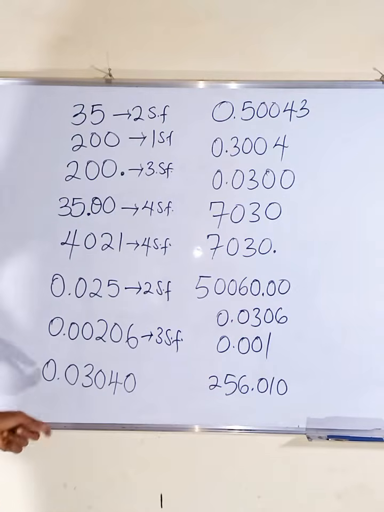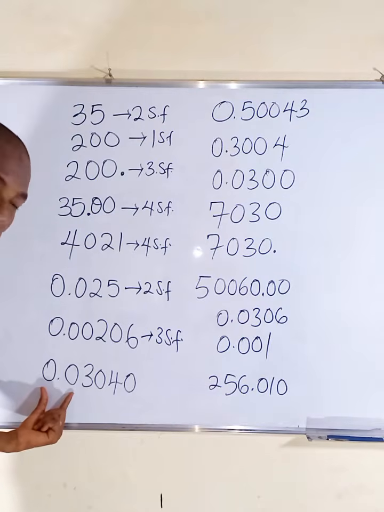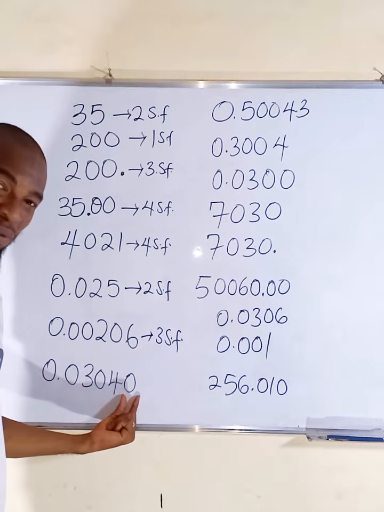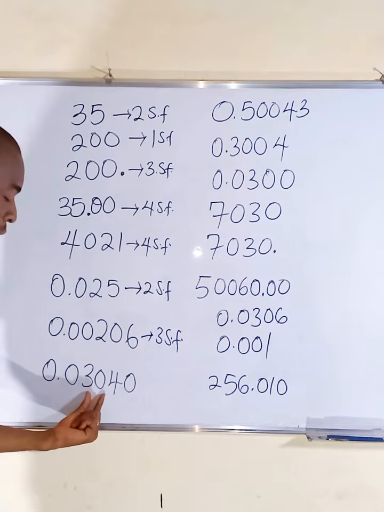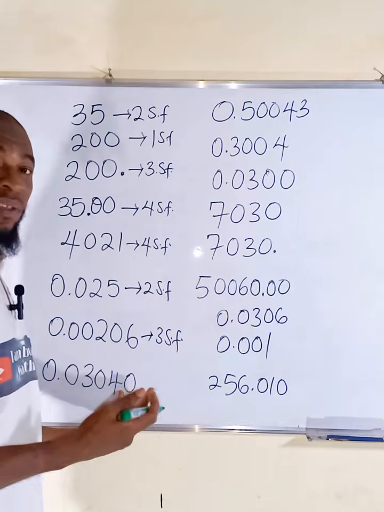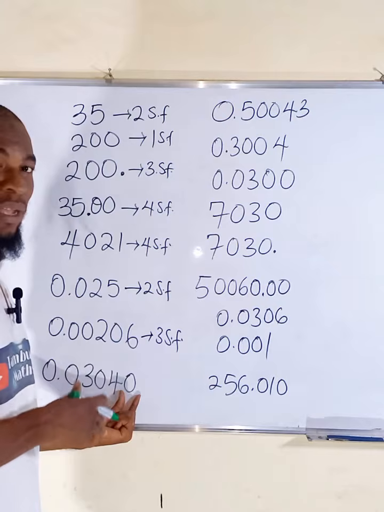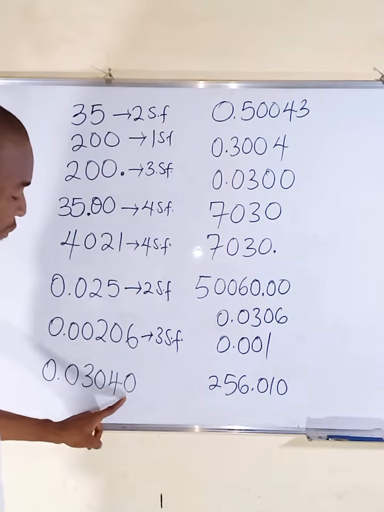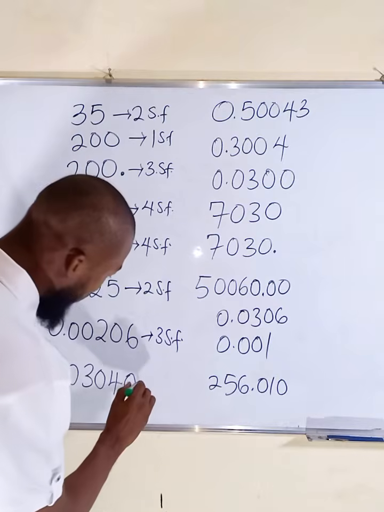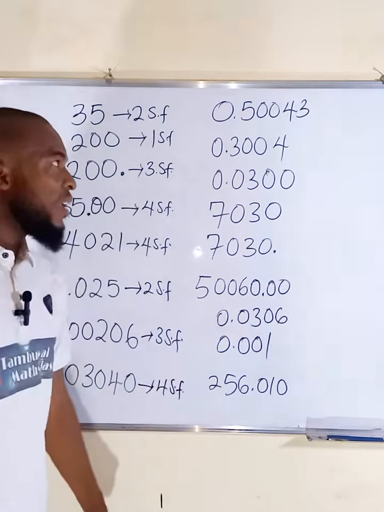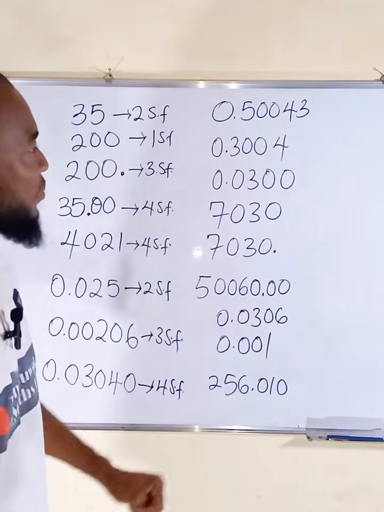What about this number? We have leading zeros, they are not significant. We have a trailing zero, we have a middle zero, and I told you trailing zeros can be significant if that number contains a decimal. Therefore, 1, 2, 3, 4 are all significant. We have 4 significant figures. Let's move on to the other ones.